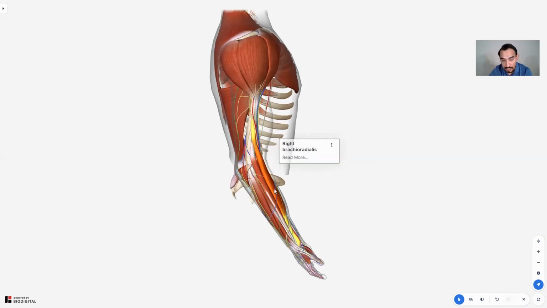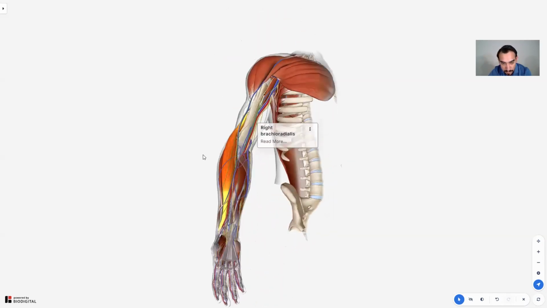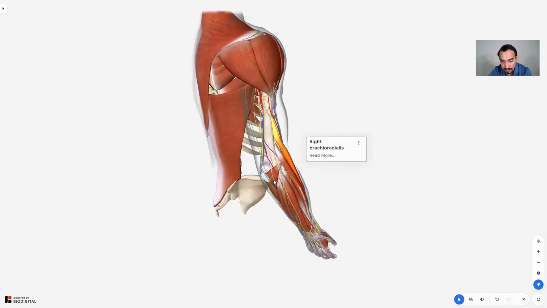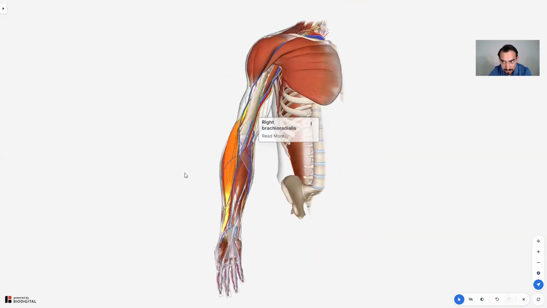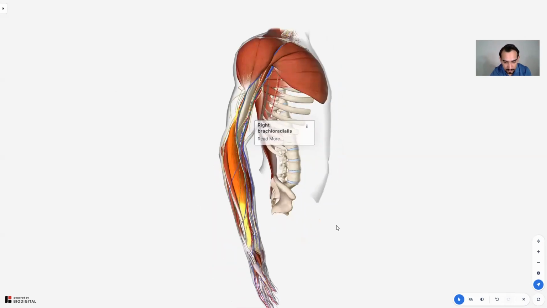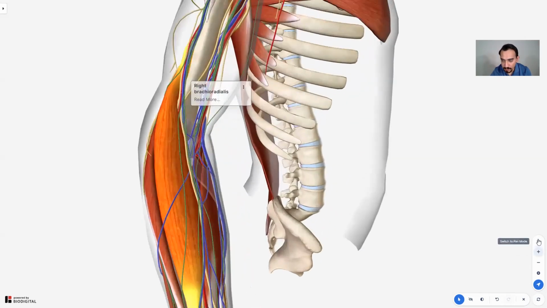Again, laterally. And then the most important part is where it inserts. It inserts at the styloid process of the radius. So this is the styloid process end part. I'll show you on the screen. Zoom it.